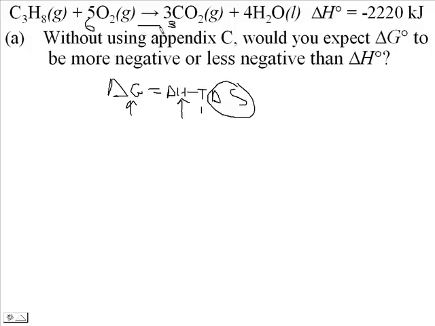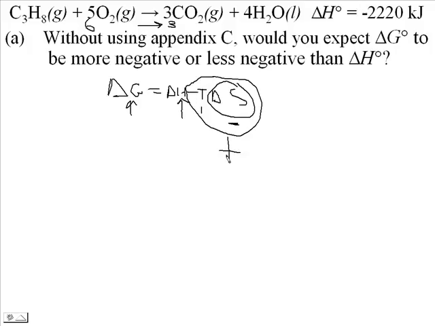Okay, hopefully we can see that with fewer gas molecules, it's becoming more ordered. If it's becoming more ordered, then our value for delta S is going to be negative. If delta S is a negative value, that makes this whole part right here, the negative T delta S, the negative and the negative, make this whole thing positive.